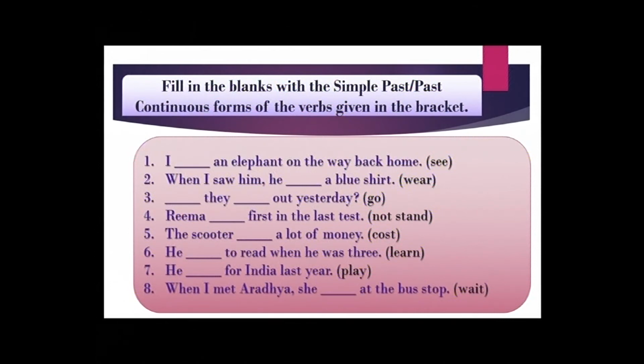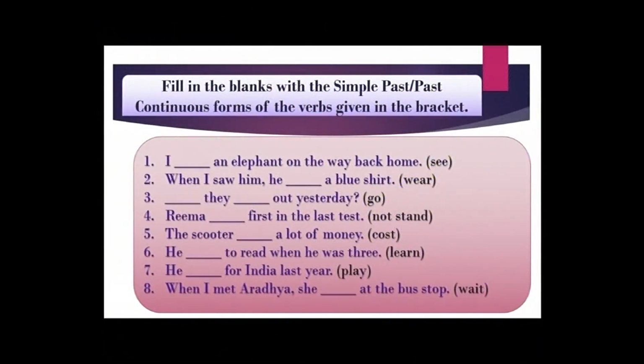Eighth, when I met Aradhya, she dash at the bus stop, and the verb is wait. Now, you have to fill in these blanks. I am giving you a few seconds to do this. Remember the rules of the simple past and past continuous.